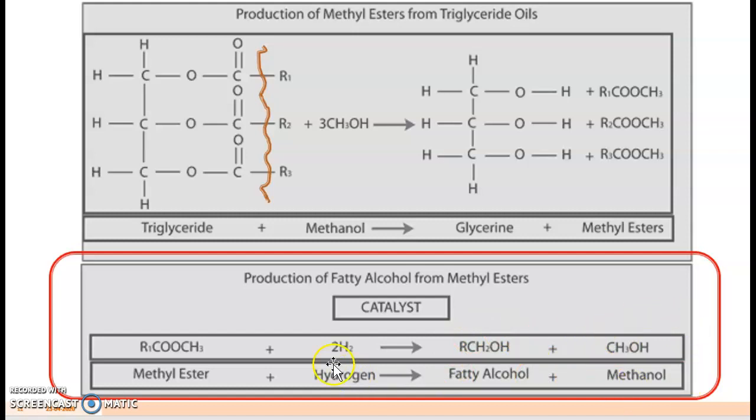So it will break your C double bond OO here, by the addition of H. So we will produce your alcohol and also the methanol, fatty alcohol and methanol. So one of the methyl group will go to the methanol, the others will go as the fatty alcohols.